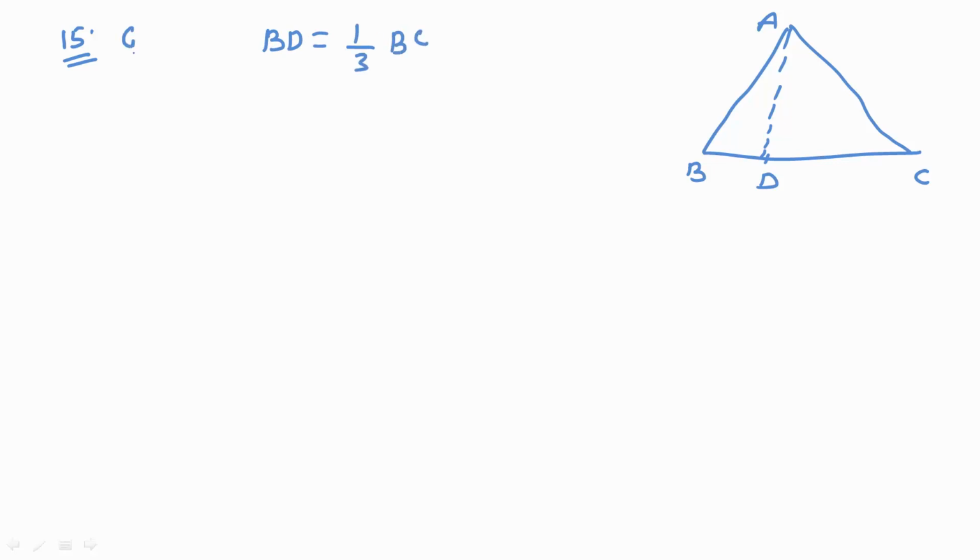This is given in the question. We have to prove that 9 AD square is equal to 7 AB square.